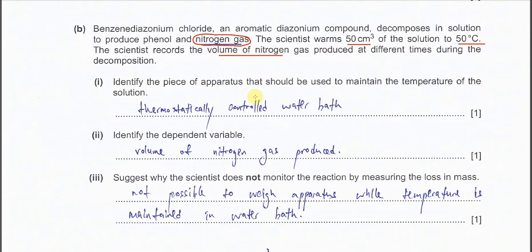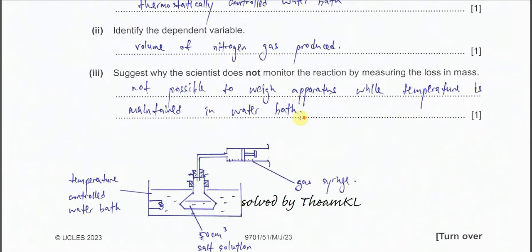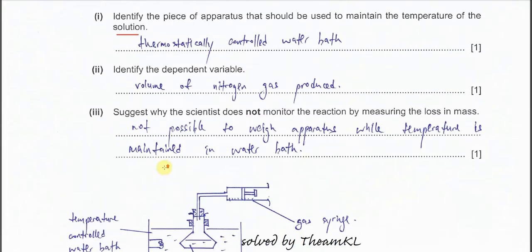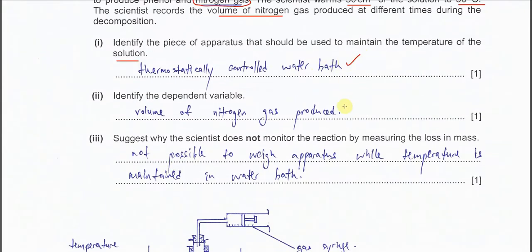Very easy. Normally we maintain the temperature using a thermostatically controlled water bath, meaning a water bath with a thermostat, so we can control the temperature easily. This is the standard answer.